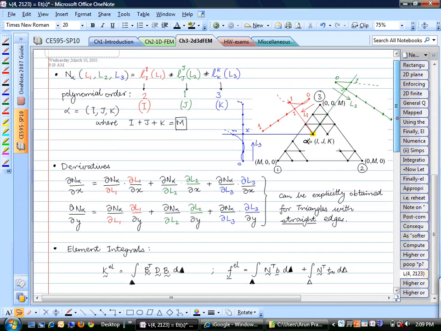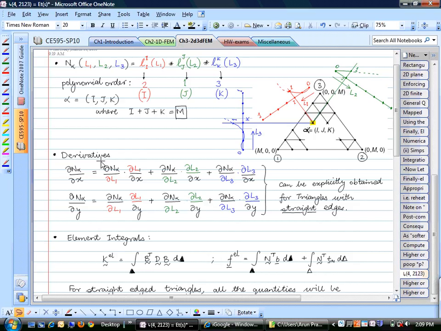So to calculate the derivatives, what we need is the derivative of the shape function with respect to x, and the derivative of the shape function with respect to y, and all that we need to do is to apply the chain rule to this equation right here. These are all in terms of L1, L2, L3. So we'll take the derivative of that N alpha with respect to L1 and dL1 over dx.